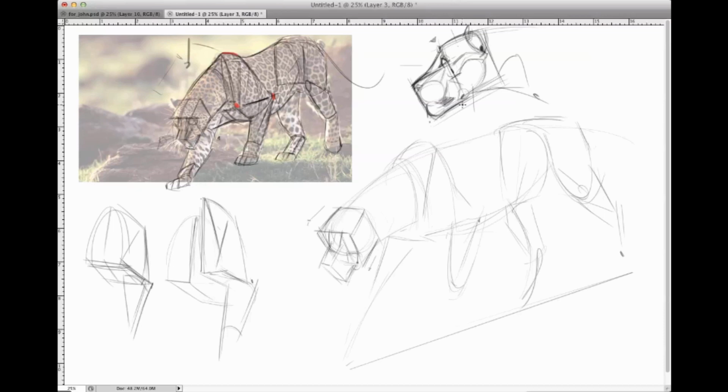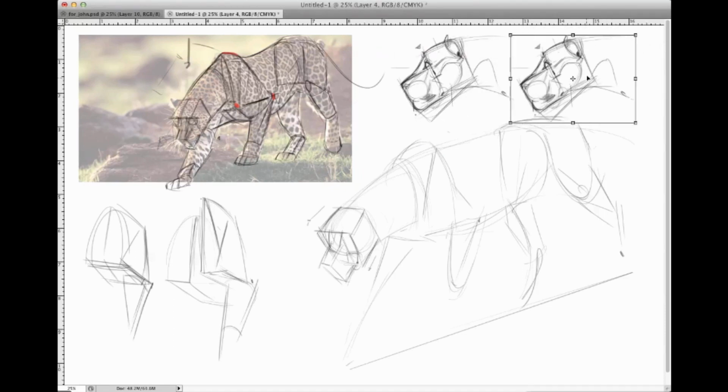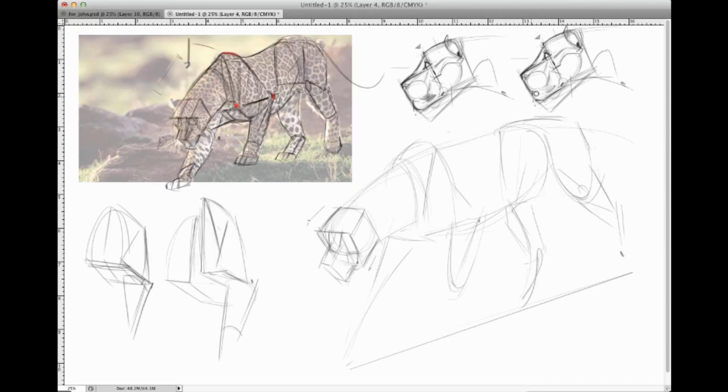Now sometimes cats will relax their mouth and they'll open up, and this makes it look like they have a longer muzzle. Let's imagine their mouth is relaxed, that means it's going to stretch down, and their cheek pouch is going to stretch out more and be more relaxed.